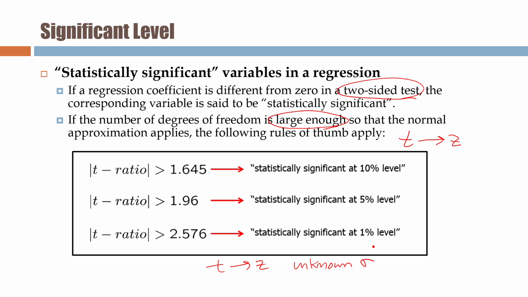When we don't know sigma, we cannot use z. But we can estimate using our sample standard deviation, right? Since sigma is not available, we have to use s, and this will be the t.